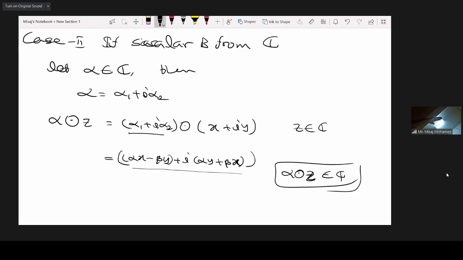Understand? So there is no change in the additive properties above and here. Similarly, go for the other properties.